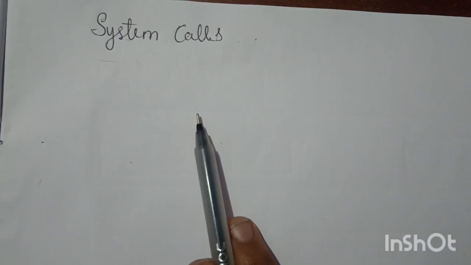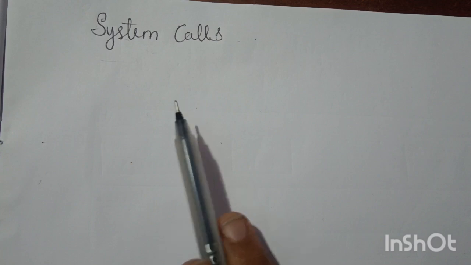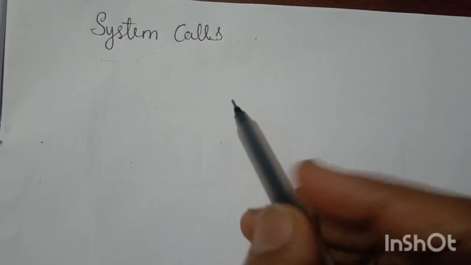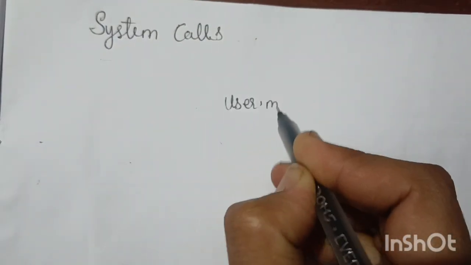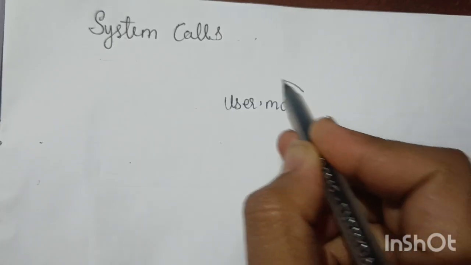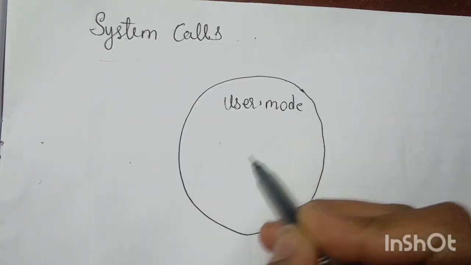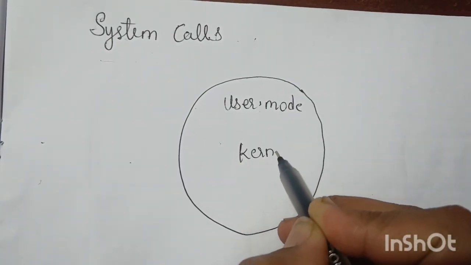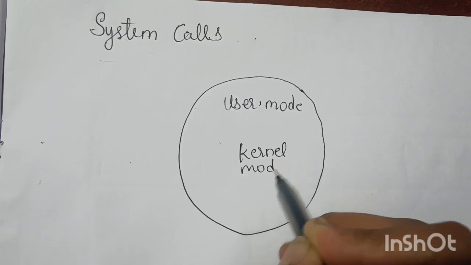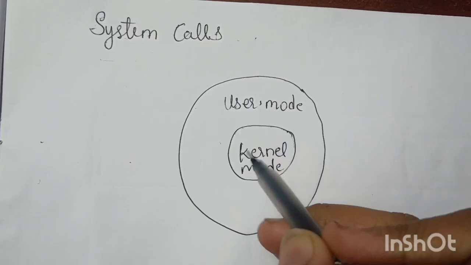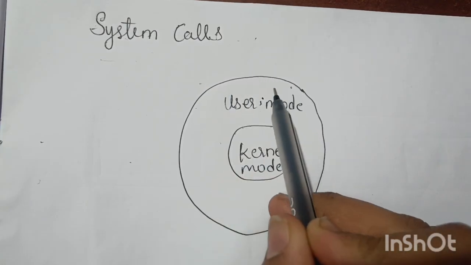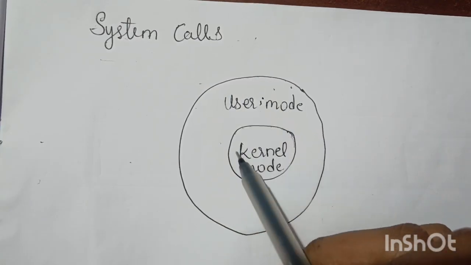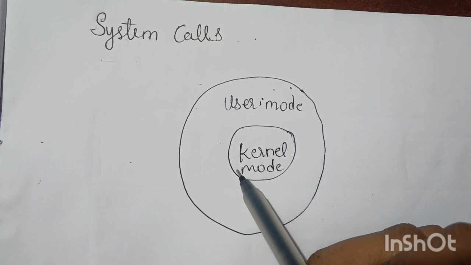So if the program is executed, say that program is in your user mode. We have already discussed user mode and kernel mode in dual mode operations, if I'm not wrong. So we have kernel mode and we have user mode. All the user programs do not have direct access to your memory or hardware, correct?